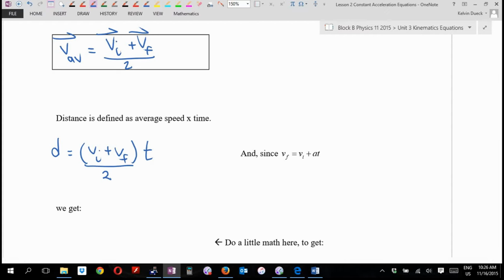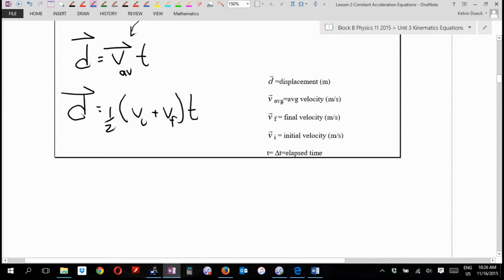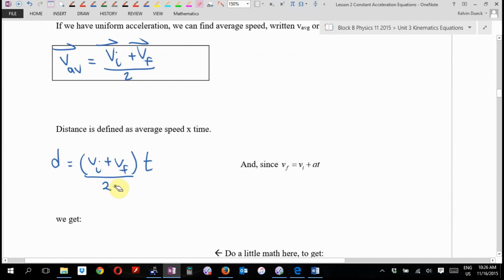I'm going to do some algebra here. I will not ask you to reproduce this on a test. This is Mr. Dewick, math nerd, saying, I like to show you where stuff comes from whenever possible. So we've taken this equation here. Again, putting a 1/2 in the front is the same as multiplying by 1/2, which is the same as dividing by 2.